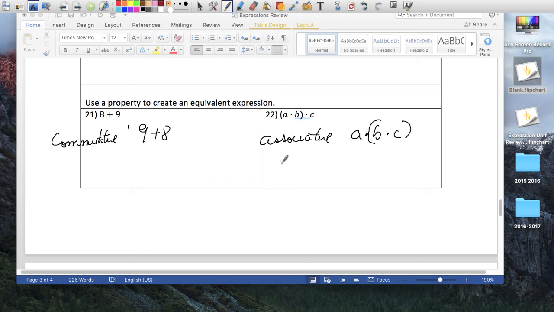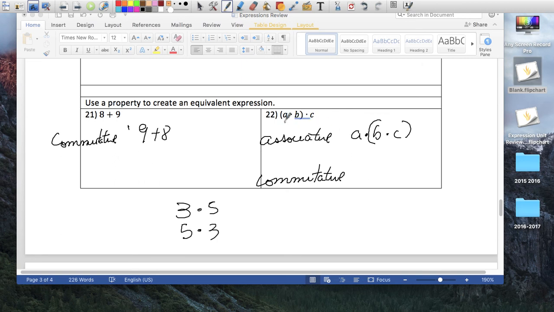There is another expression I can do here. I can use the commutative property. The commutative property, remember, says this: 3 times 5, and if we switch that around to 5 times 3, I get the same answer. So I'm going to do the exact same thing here.